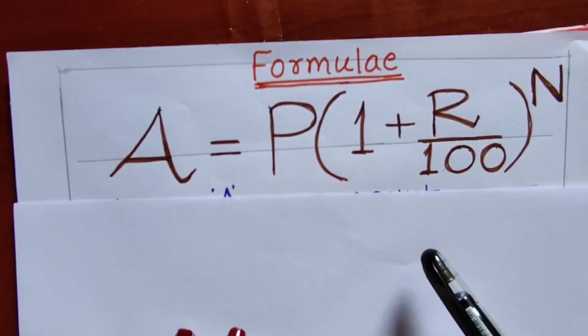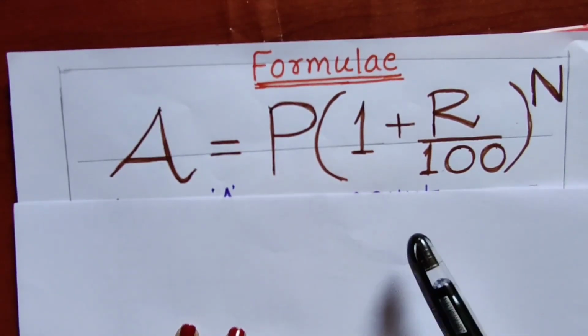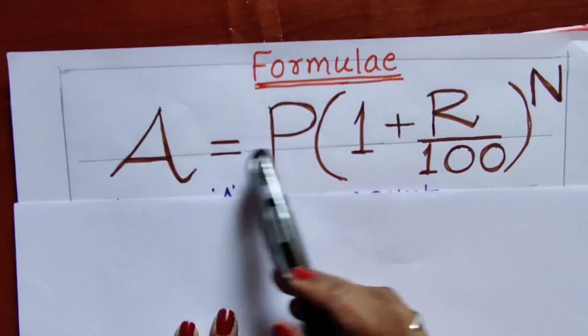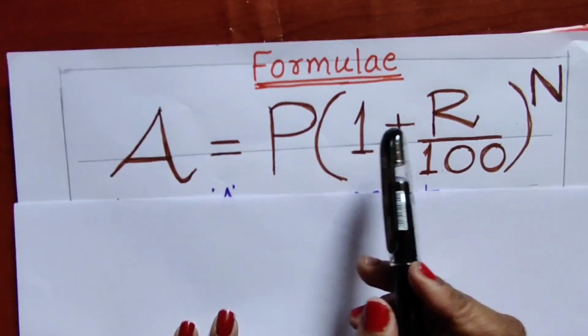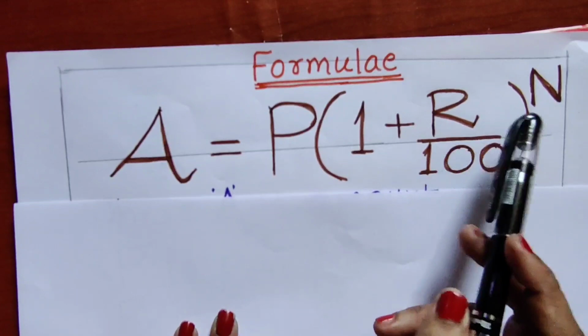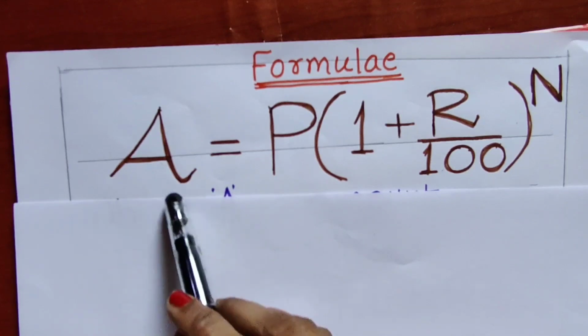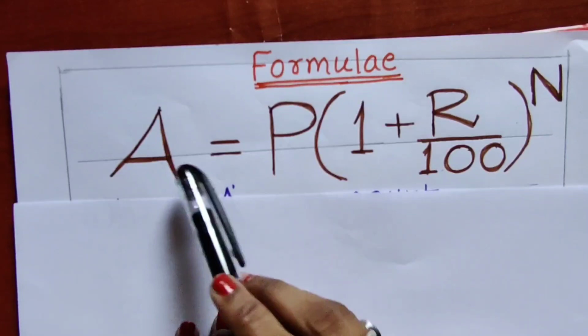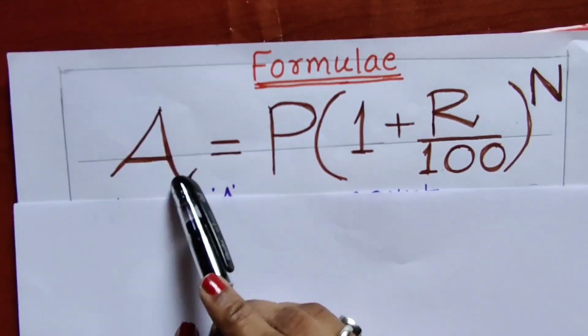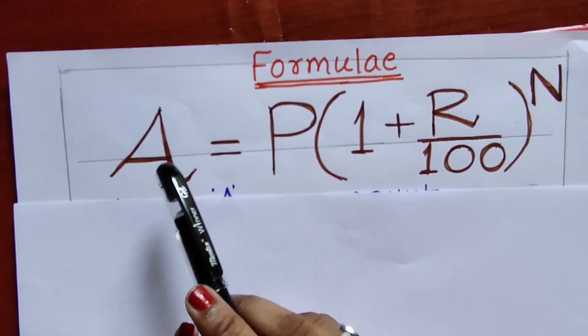Now see children, for solving the questions from practice set 14.2, we will be using this formula only: A is equal to P into (1 + R/100)^N. We will not be using the formula I is equal to A minus P. That formula we are not going to use. We have to use only this formula. This A may be amount, this A may be population, this A may be the number of anything.